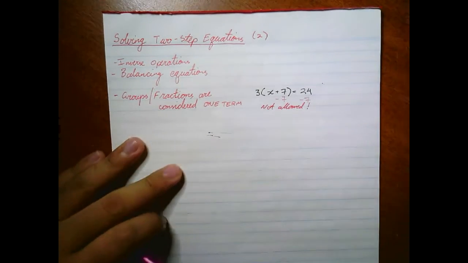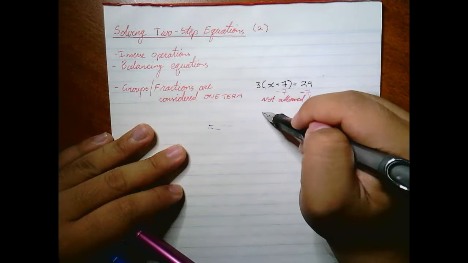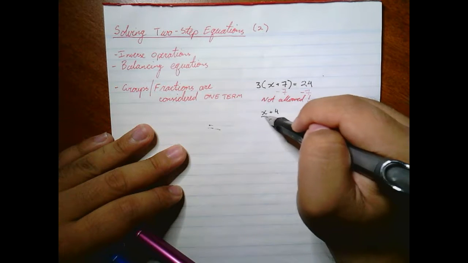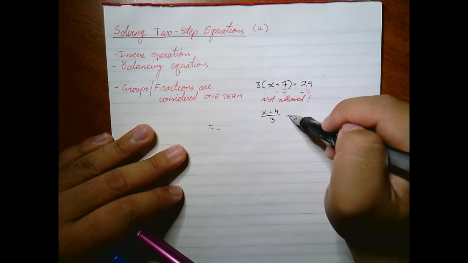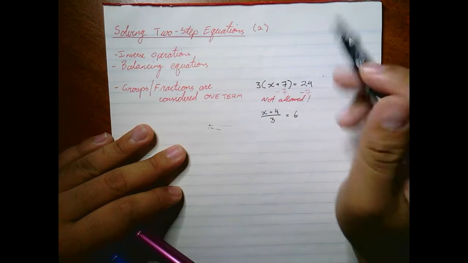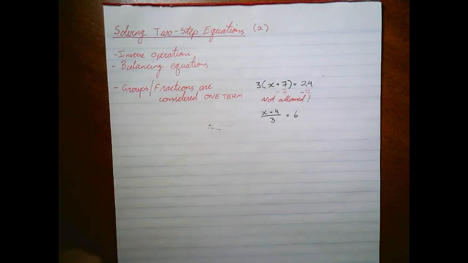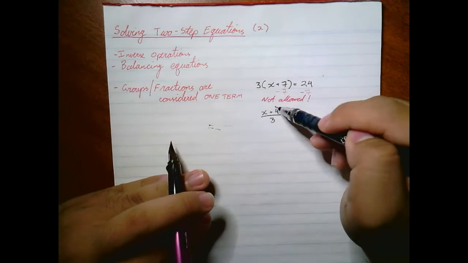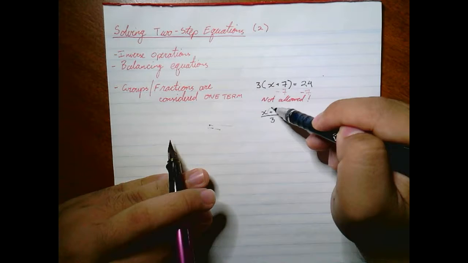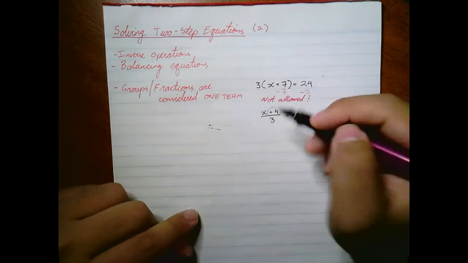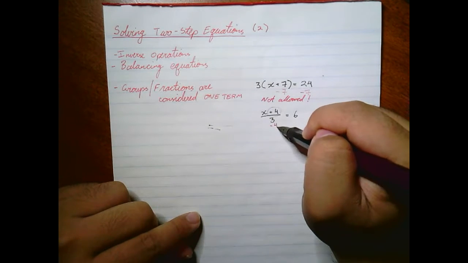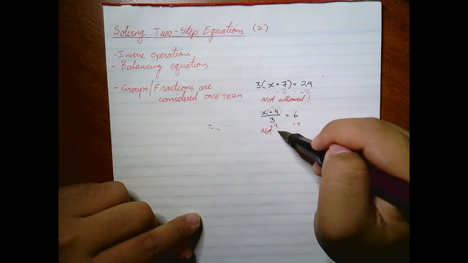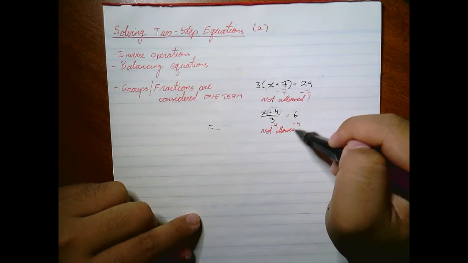And similar to this, if we had a big fraction, x plus 4 over 3 is equal to 6. If we tried to do the operation of minus 4, so I'm going to circle that there, if we tried to do the inverse of minus 4 like this, once again, this is not allowed.